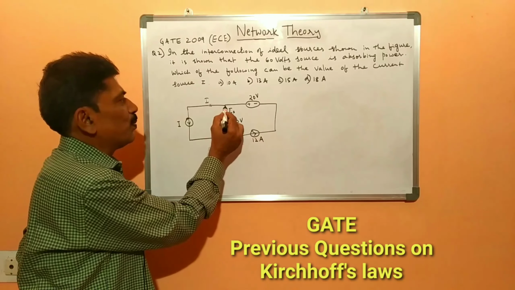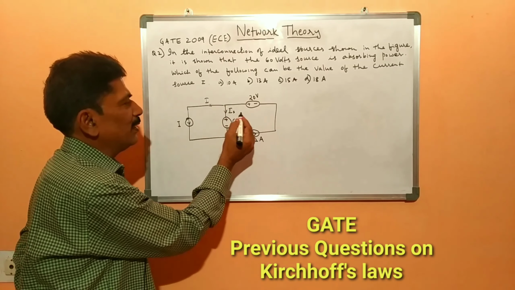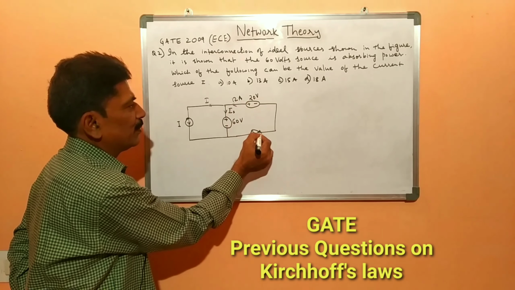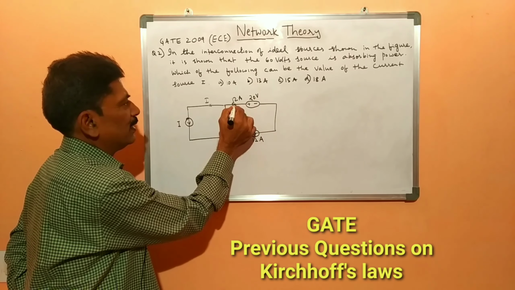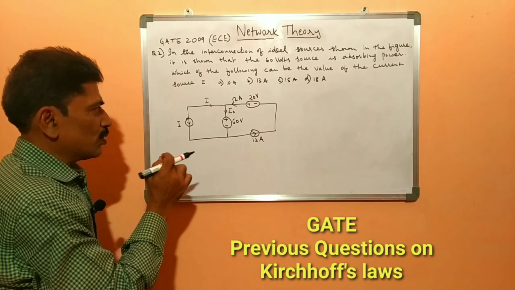That is, at this point you apply Kirchhoff's current law. Applying Kirchhoff's current law at this point, the current entering the node here is 12 amperes. The same current will flow in this branch. So at this node 12 amperes is entering, and Is is flowing like this since it is absorbing source.